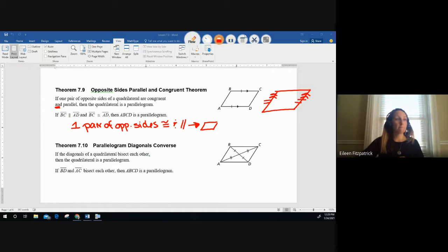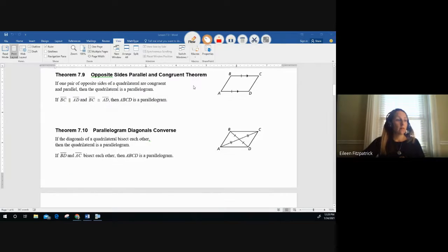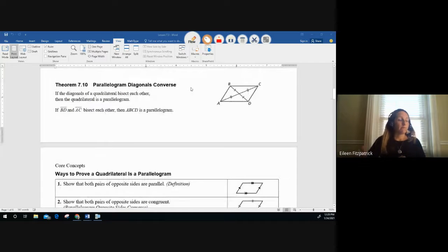Okay. All right, the next one: if the diagonals of a quadrilateral bisect each other, then the quadrilateral is a parallelogram. So this is the converse of the theorem we already learned, because we know that if it's a parallelogram, the diagonals bisect each other. So now we know if the diagonals bisect each other, I can conclude this is a parallelogram.